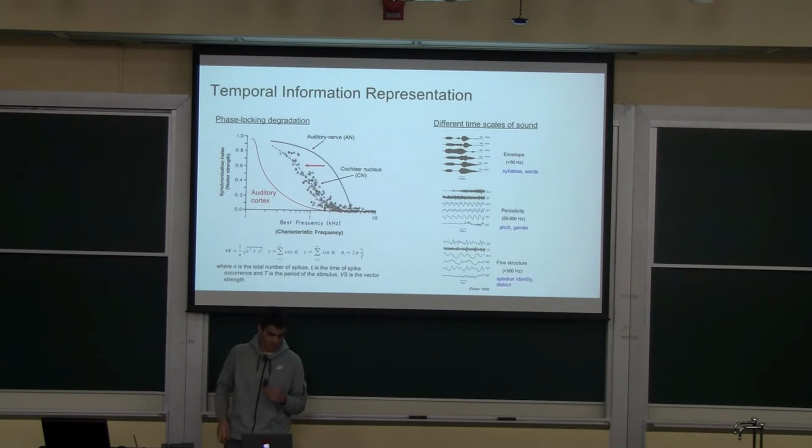And so what he says is that each synapse acts as a low pass filter, which explains how each time you go through a synapse, you chop off the highest frequencies you can detect.